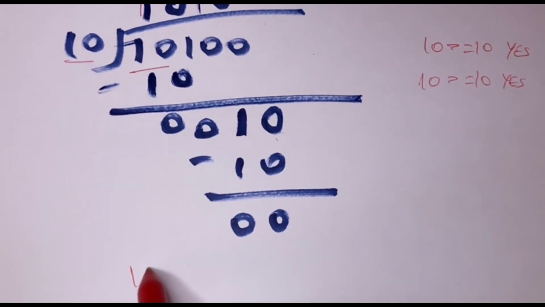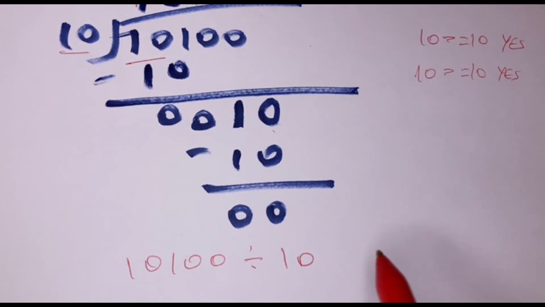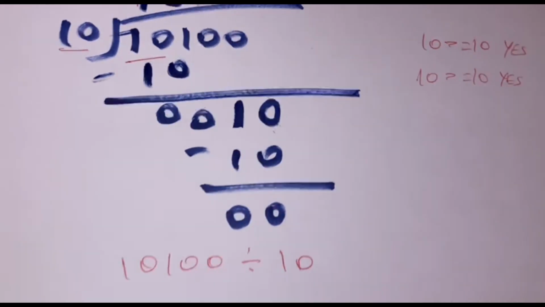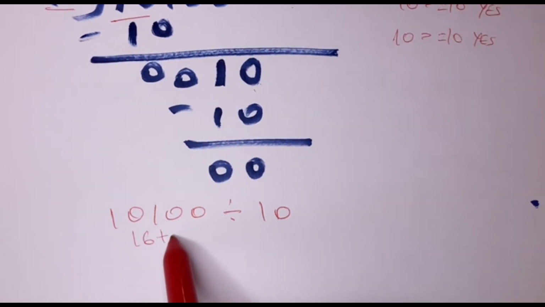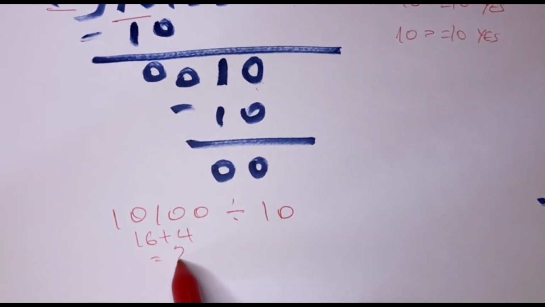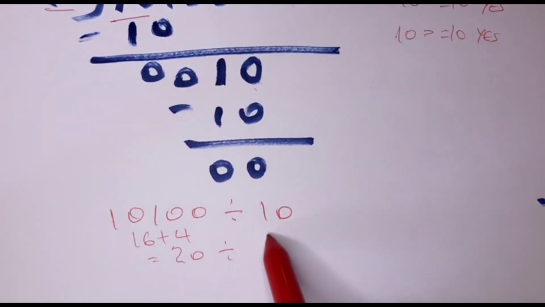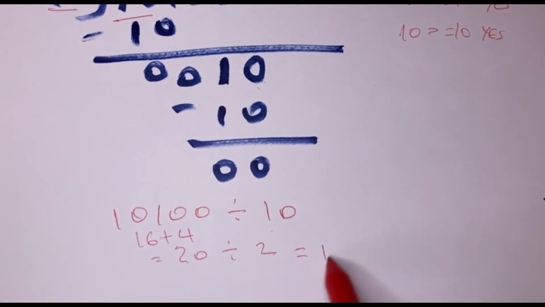1, 0, 1, 0, 0 divided by 1, 0. So 1, 0, 1, 0, 0 means 16 plus 4, which is 20, divided by 1, 0, which is 2. So 20 divided by 2 is 10.